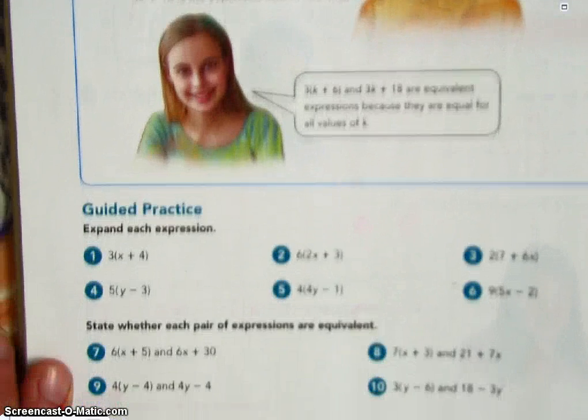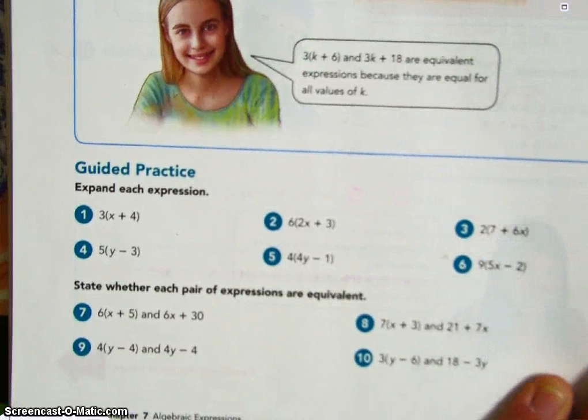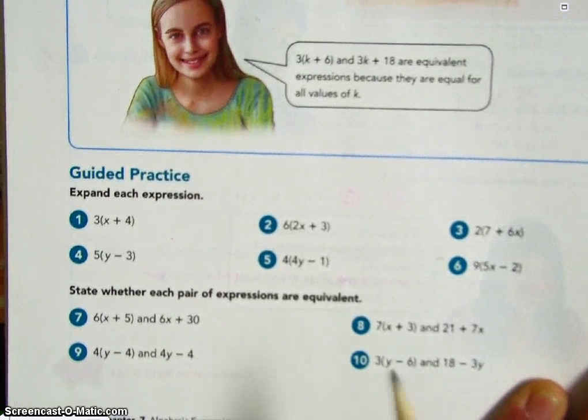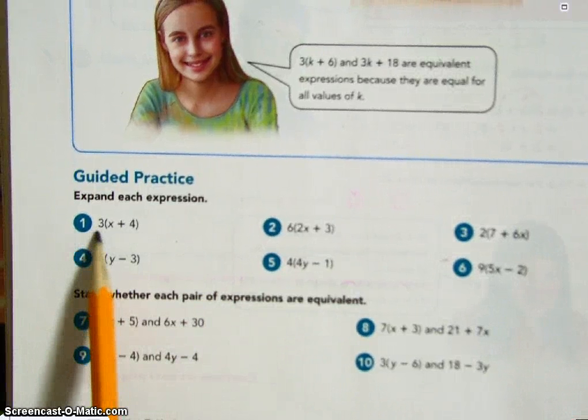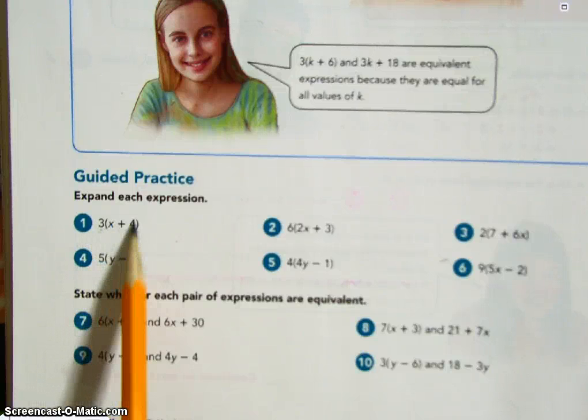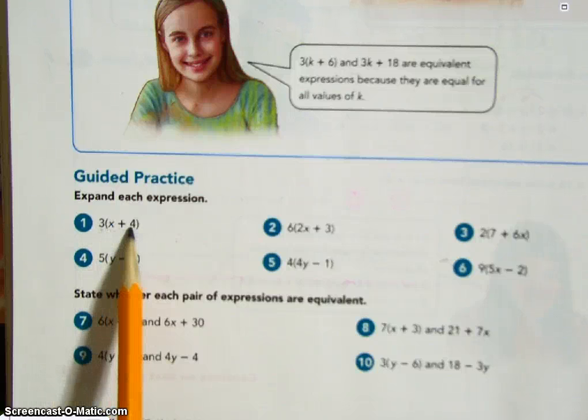So if you guys could please do guided practice problems 1 through 10 on page 240, and do them the exact same way. Remember, first you need to take whatever is outside the parentheses, and that's how many times you're going to expand out what's inside the parentheses.